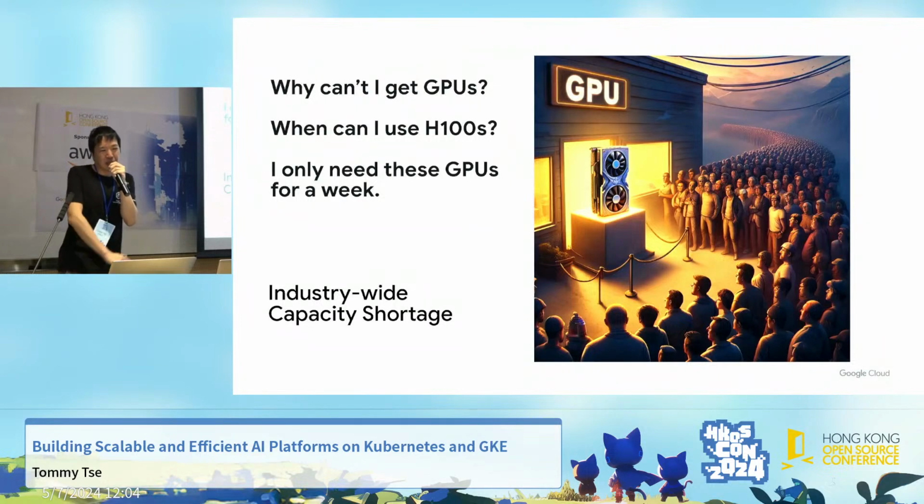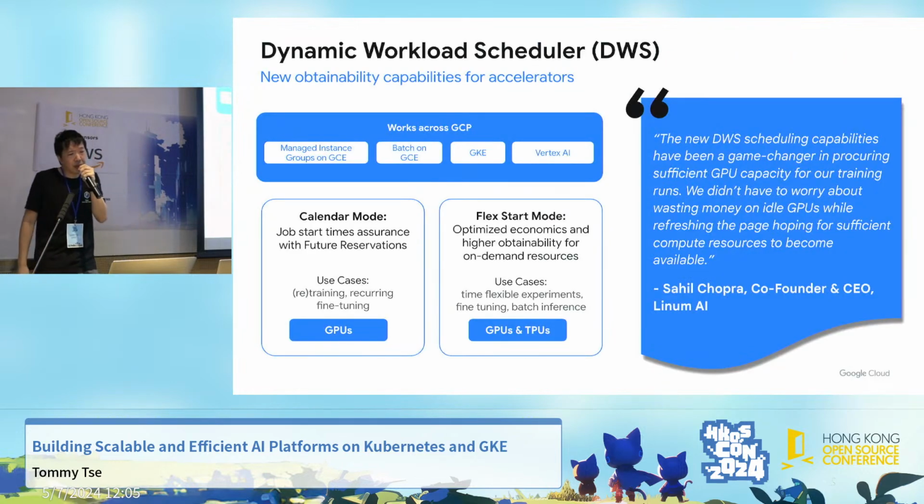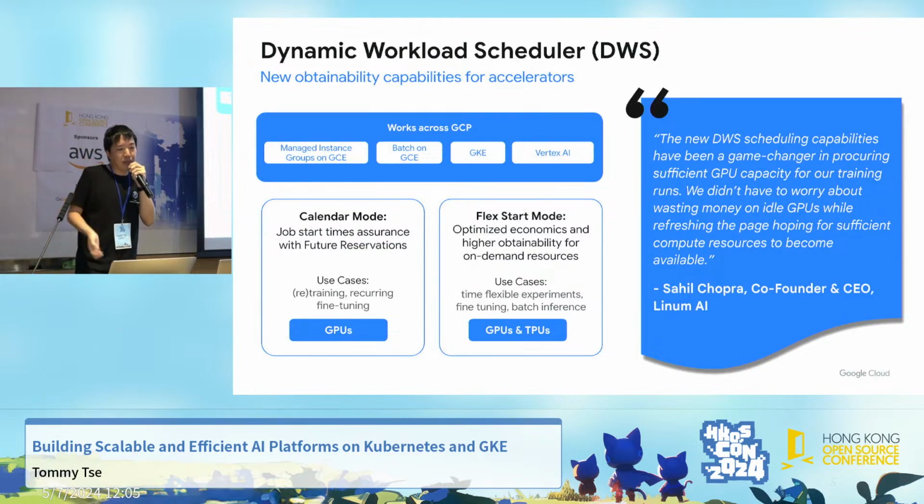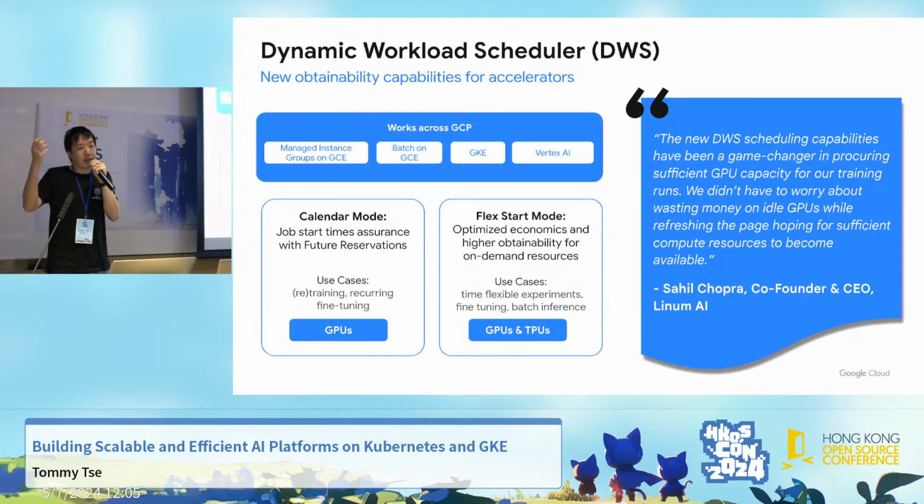So this is quite a common challenge we heard from our customers, or maybe you have heard in the community. It's like, why can't I get some GPUs since last year, or when can I get the H100 from NVIDIA, or I only need these GPUs to run for a week. It's an industry-wide capacity challenge. So in Google Cloud, we have a thing called Dynamic Workload Scheduler, or DWS. It helps you obtain, say, the example of 10 GPUs I gave earlier.